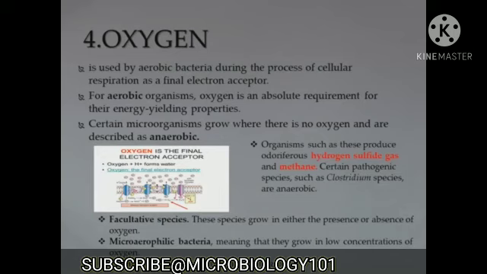They can survive only when there is sufficient supply of oxygen. This oxygen is also important as the final electron acceptor in the electron transport chain. After the transfer of electrons, the oxygen accepts the final electron to produce ATP and water. For aerobic microorganisms, oxygen is an absolute requirement for their energy yielding processes.